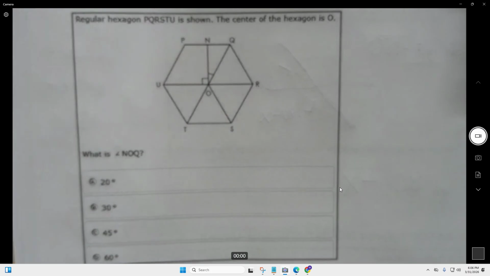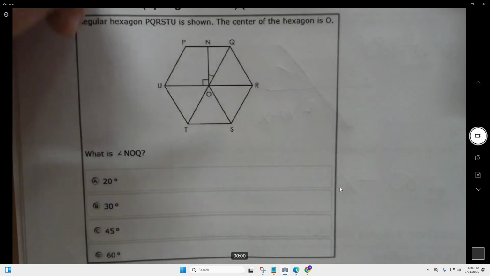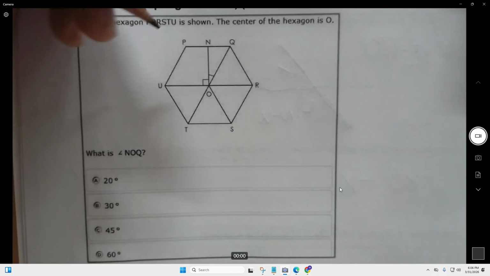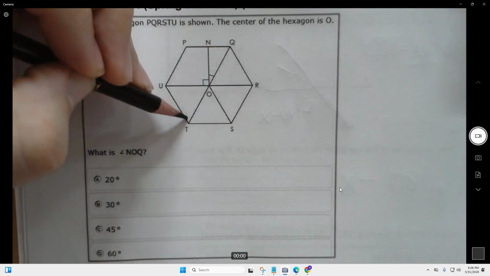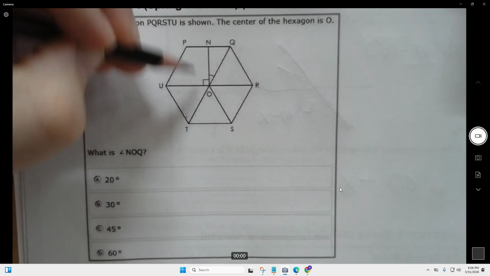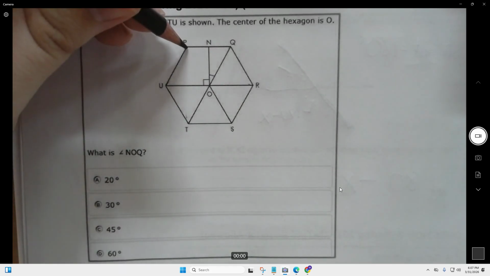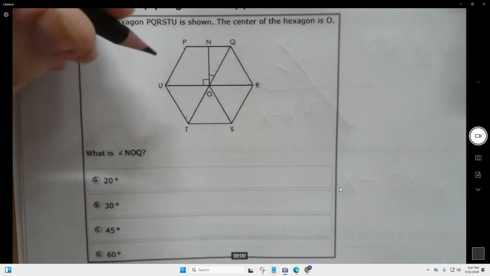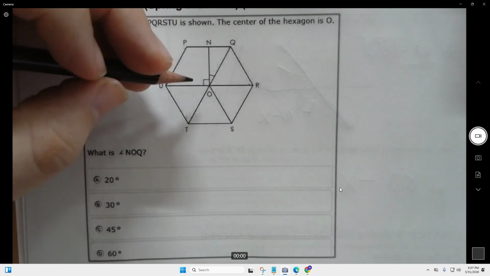Okay. So what a regular shape means is that if you go from point to point, for example, Q to T, P to S, U to R, and you draw all these intersecting lines, their angles in the middle will all be the same.